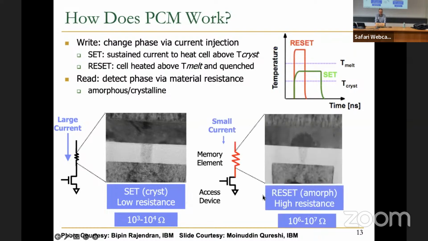But in the amorphous state, you have high resistance, quite a lot, around 1 megaohm or 10 megaohm. So you can see a clear difference between these two resistance states. And that huge difference is important to make it possible to read reliably from this memory.